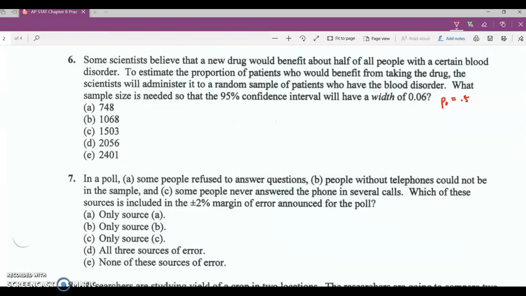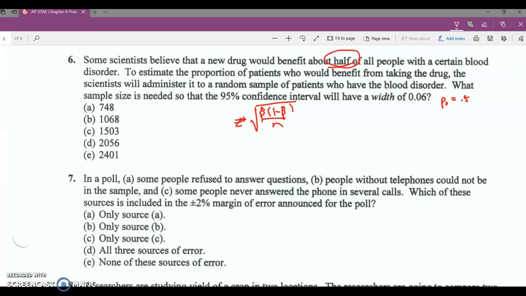So our formula for margin of error is z star times the square root of p hat times 1 minus p hat over n, and we're going to try to solve for n. Now, because they said they think about half the people, I'm going to use 0.5.